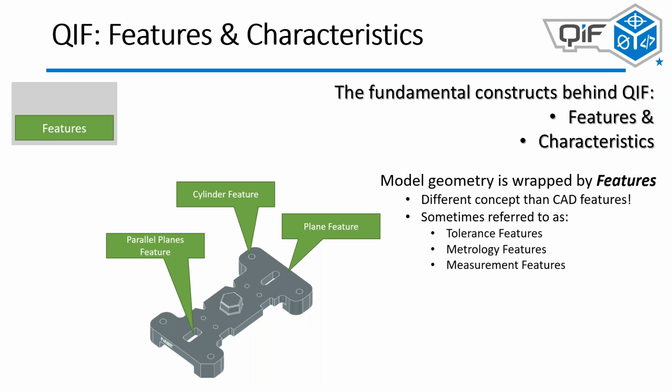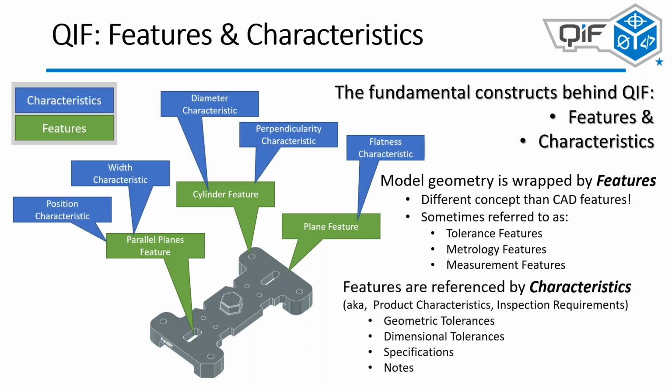QIF features are different than design features that you might see in a CAD application tool. Sometimes you may refer to these features as metrology features, measurement features, or tolerance features. Typically, they could be just planar features, cylindricals, that could be holes or bosses, and then the concept of opposite parallel planes would introduce a slot or a boss type feature.